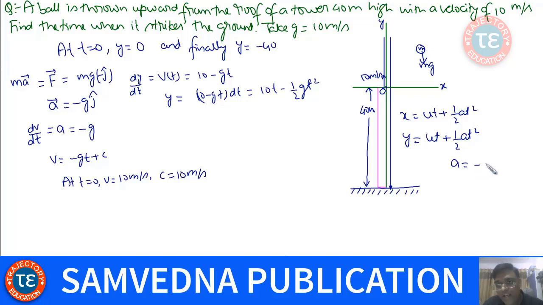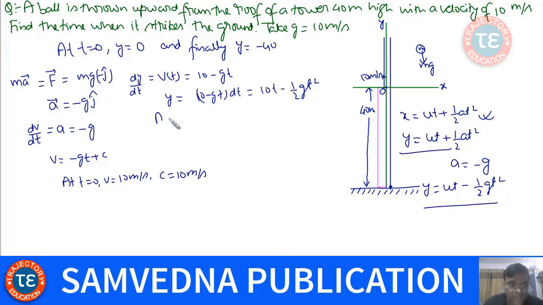But here, since the body is getting retarded, a is minus g. So this will come as ut minus half gt square. You get the same thing from here. So if you remember this formula, you can simply use it, and I'll advise you to remember this formula, right? If velocity is increasing, a will be positive. If velocity is falling, a will be negative, right?